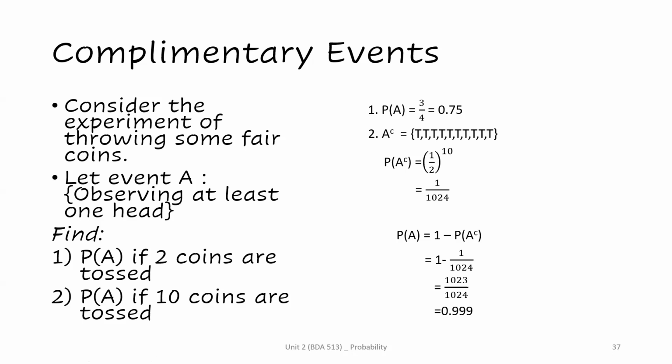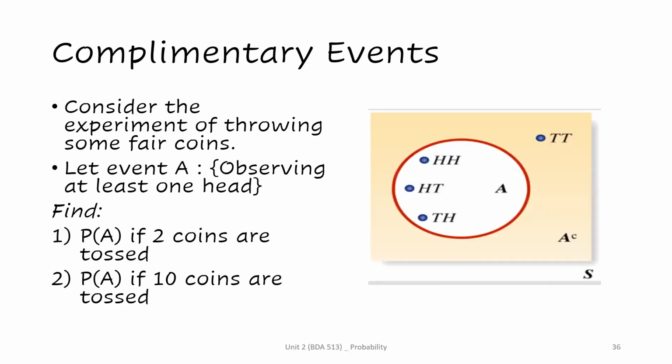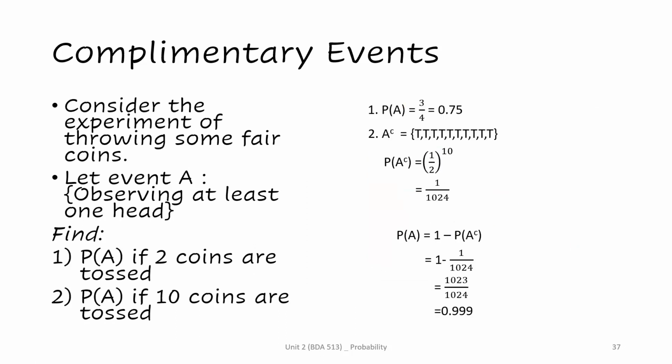Sir, could you explain that one more time? Okay, so let's say we have 1 out of 2. The first one you're okay with it, isn't it? Yes, sir. Okay. So in the second scenario, we want to find out the probability of tail for one event, because we have only 2: event A and then A complement.